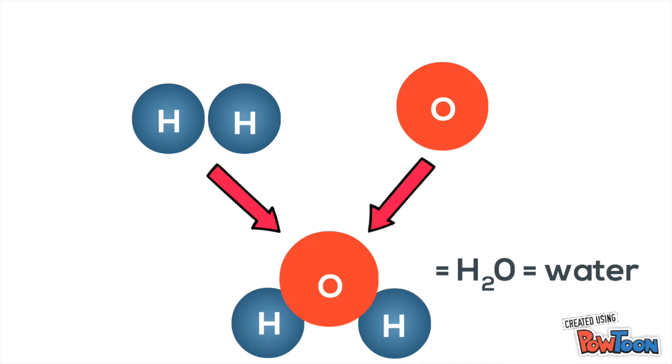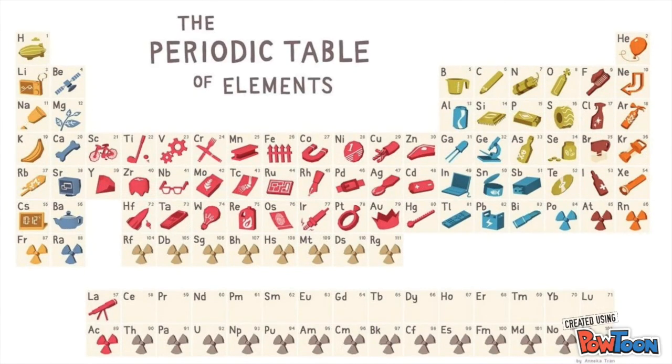Every element is given its own unique chemical symbol, such as H for hydrogen and O for oxygen. The chemical symbol for every element can be found in the periodic table and are usually 1 or 2 letters long.